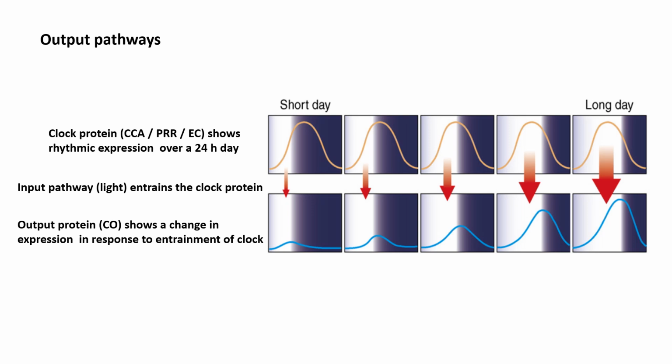If a plant is grown under a specific day length that causes these clock output proteins to be expressed during daylight, then flowering is induced in the long day plant like Arabidopsis or repressed in the short day plants like rice. A key clock output gene is a zinc finger family transcription factor called Constans or CO, which is expressed in the phloem tissue of leaves.